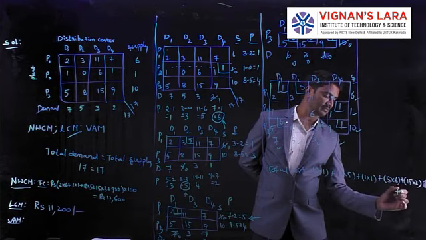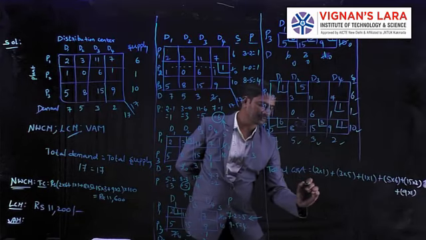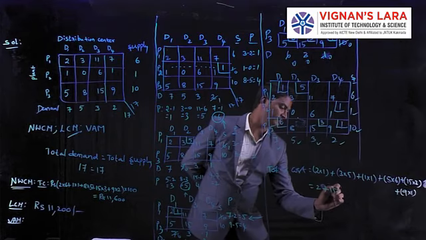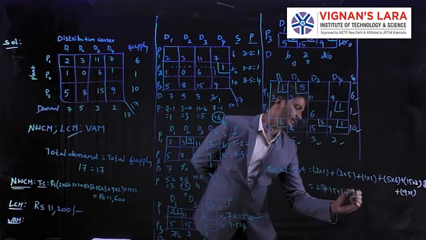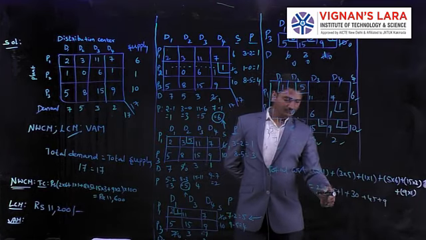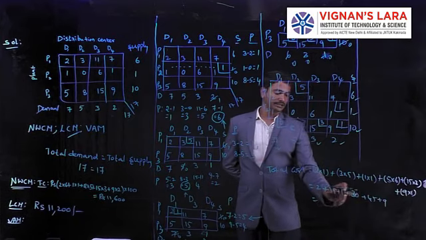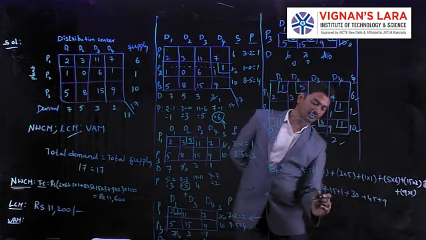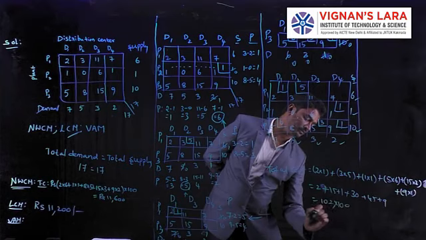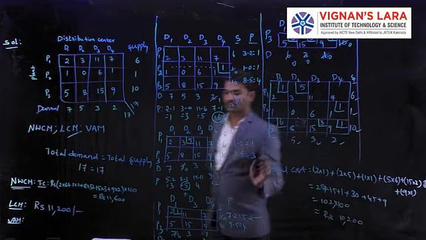So 2 plus 15 plus 1 plus 30 plus 45 plus 9. The total is 7, 8, 80, 90, 100, 102. 102 into 100 is equal to rupees 10,200.